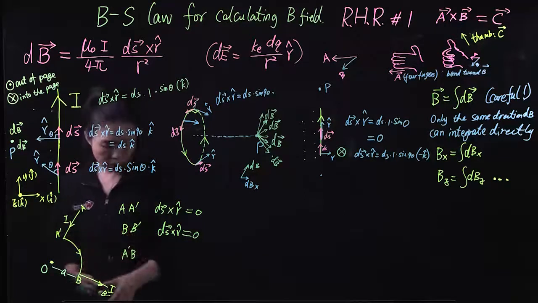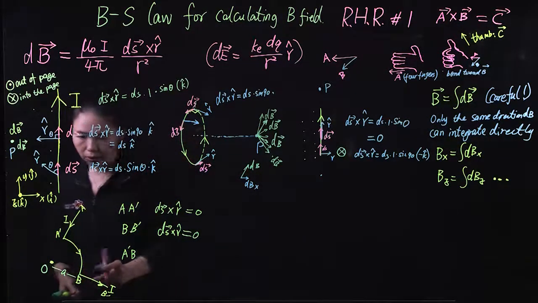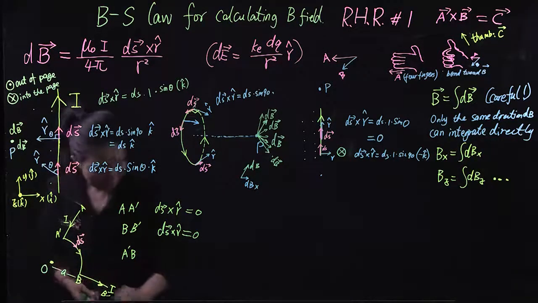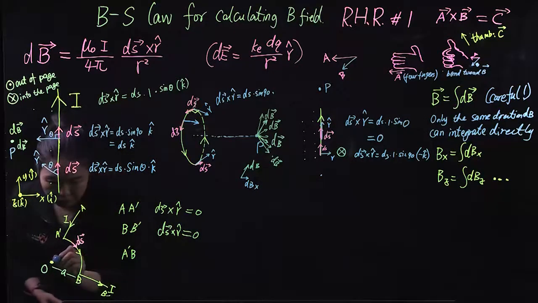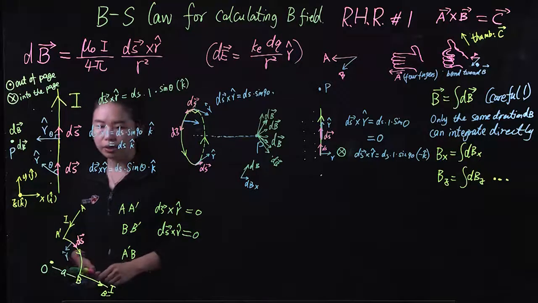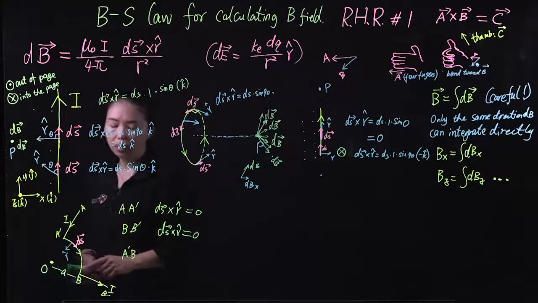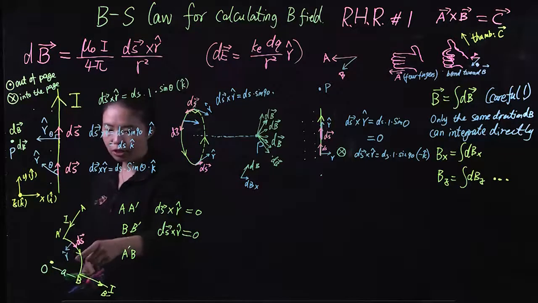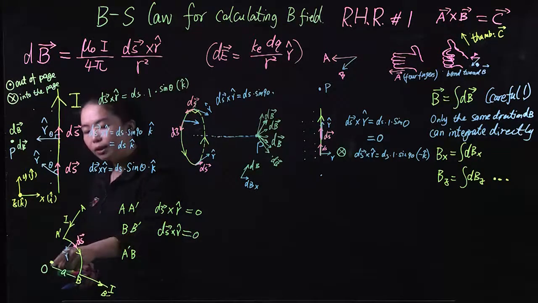In this circle part, we can consider it to be many tiny pieces of ds. Each of them is going to create a small amount of B field at this location. It's important to notice that because this is a perfect part of a circle, we have ds in the tangent direction, and R pointing to the center of the circle is in the radius direction.